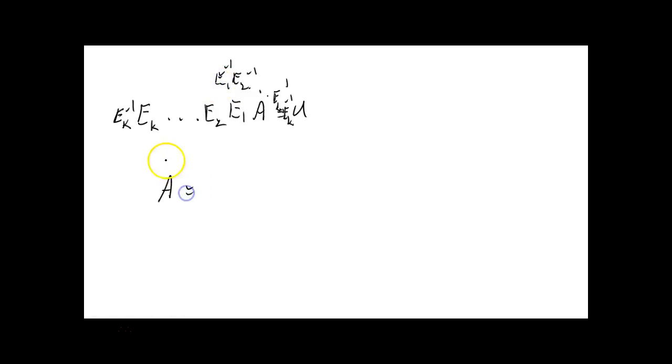That would leave you A, and that would be all these things, E1 inverse, E2 inverse, E3 inverse, dot, dot, dot, all the way down to E_(k-1) inverse, times E_k inverse, times U. That would all be A then, if you did that to both sides.